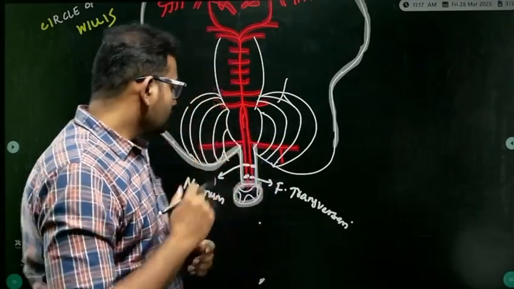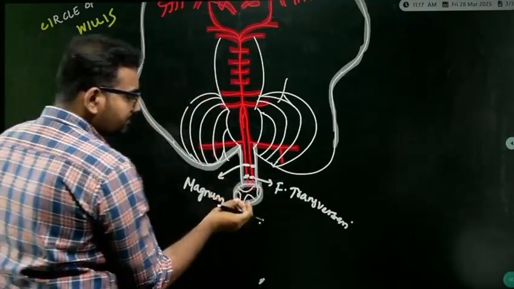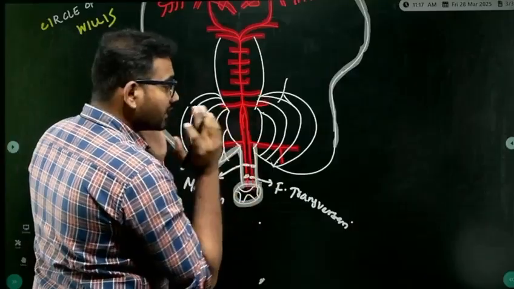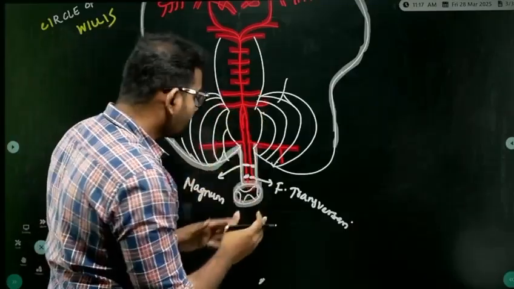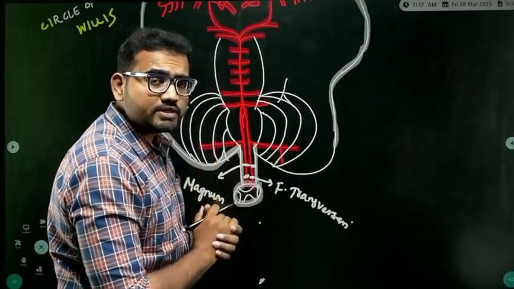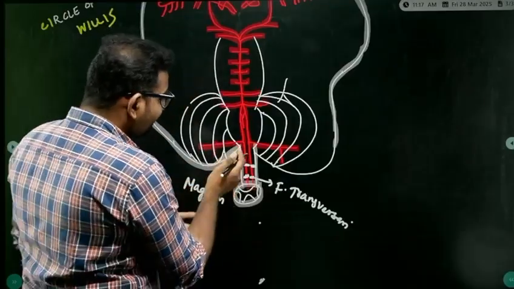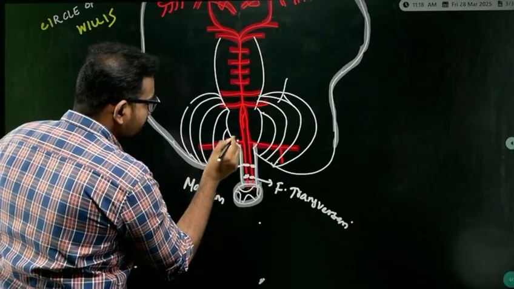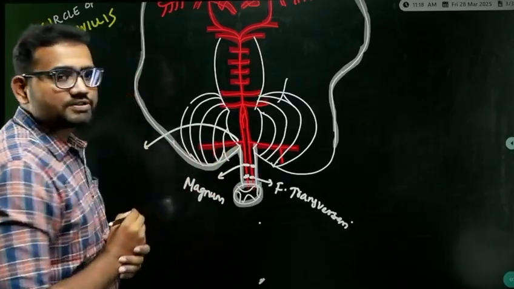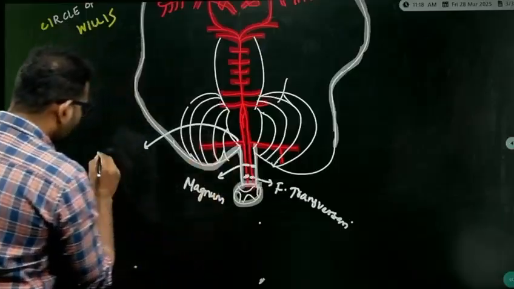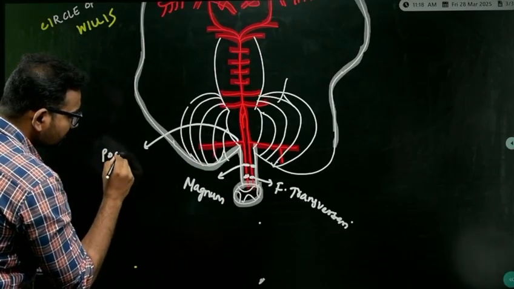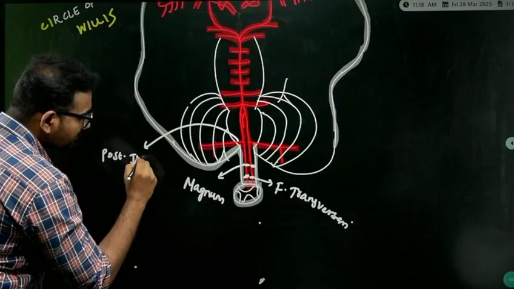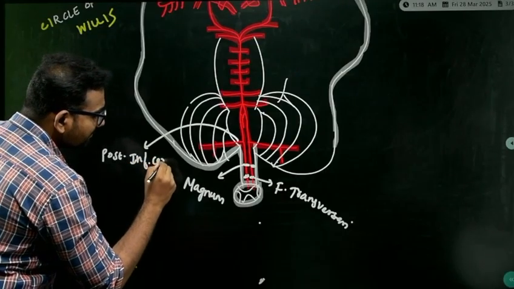Now this vertebral artery moves up. This is the inferior view of the brain. It moves up, enters the foramen magnum, and then it gives off a branch. This branch is called the posterior inferior cerebellar artery.